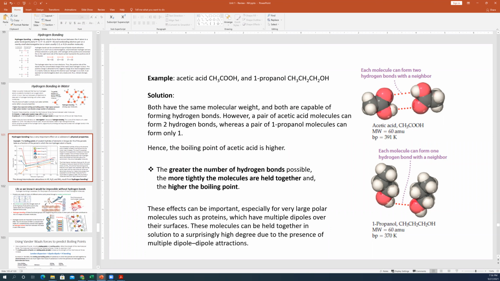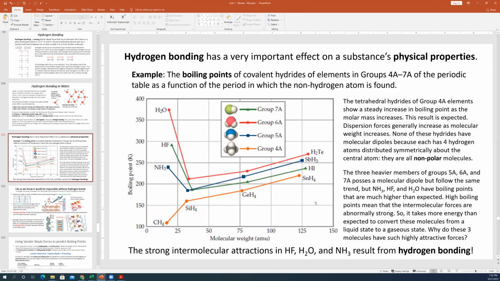Well, I went through this slide with you just because I thought it was a very interesting example. I think this is from your textbook actually, but anyhow, make sure you understand and appreciate why these three molecules have a higher boiling point than their related molecules from the same group.